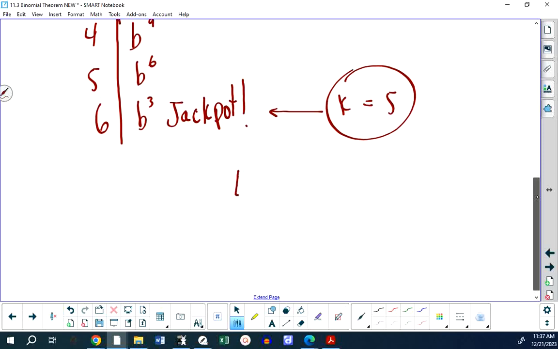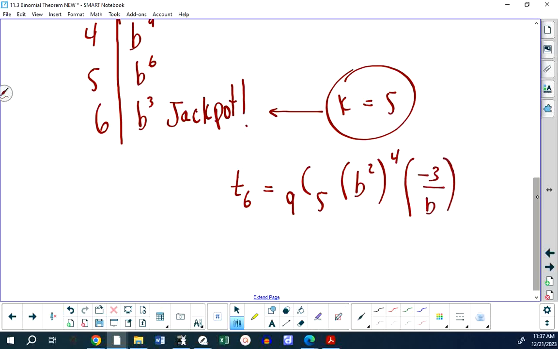So the 6th term will be 9 choose 5. It was to the 9, wasn't it? X, which is b squared raised to the 4. Y, which is negative 3 over b raised to the 5.